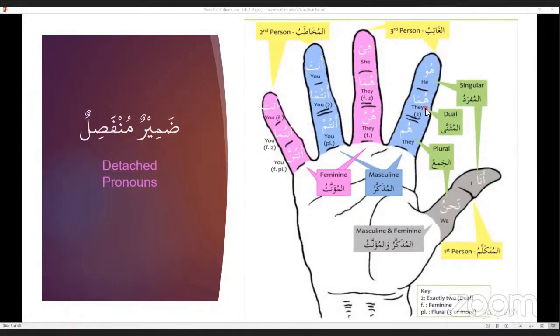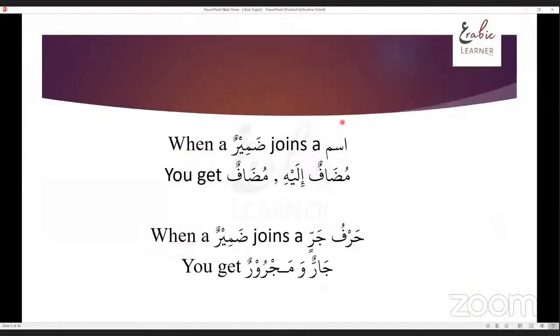Huwa, hu, huma, huma, hum, hiya, ha, huma, hunna, anta, ka, antuma, kuma, antum, kum, anti, ki, antuma, kuma, antunna, kunna, ana, yi, nahnu, na. So these are the phrases that you have to memorize.